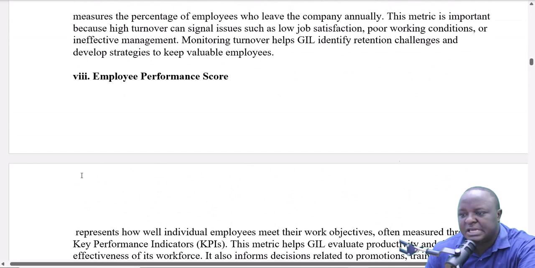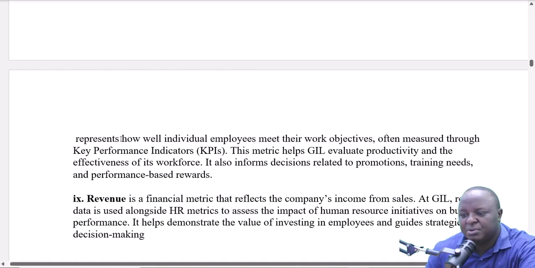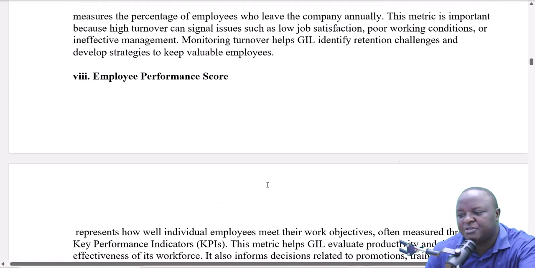And of course, in addition to that, we can talk about employee performance score, which represents how well individual employees meet their work objectives, often measured through key performance indicators. These metrics helped GIL evaluate productivity and the effectiveness of its workforce. It also helped them make informed decisions relating to promotions, training needs, and performance-based work.